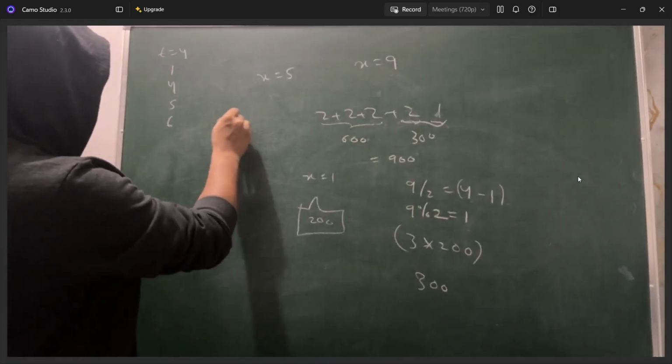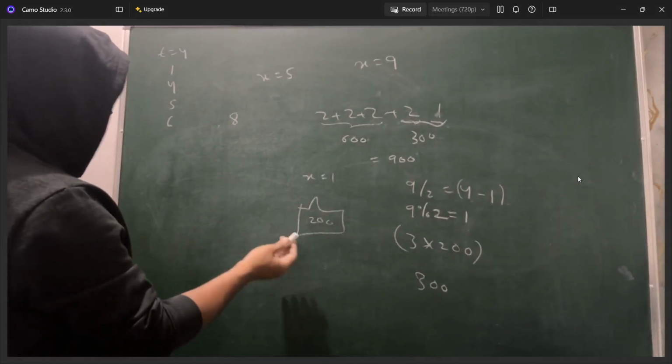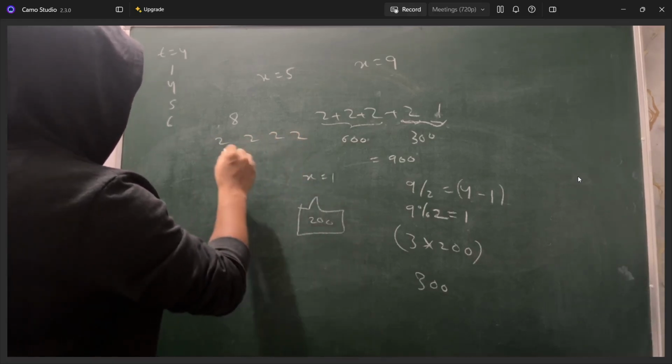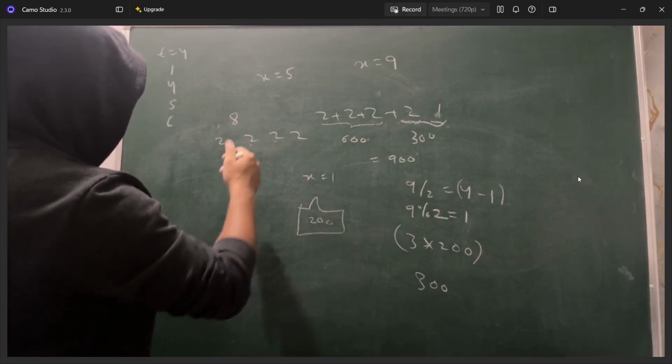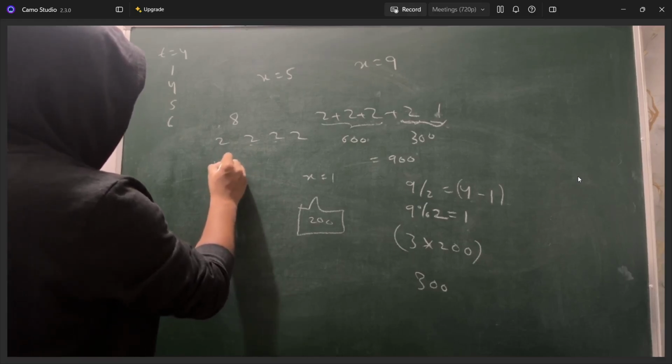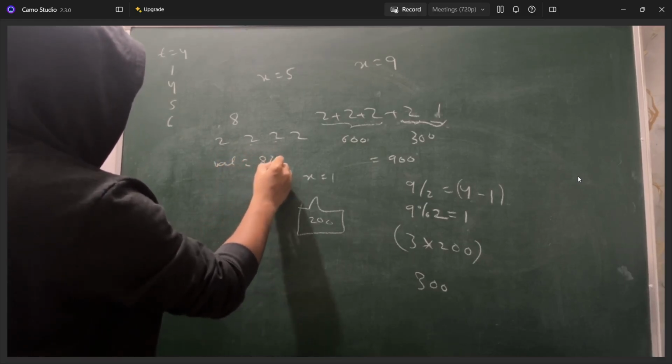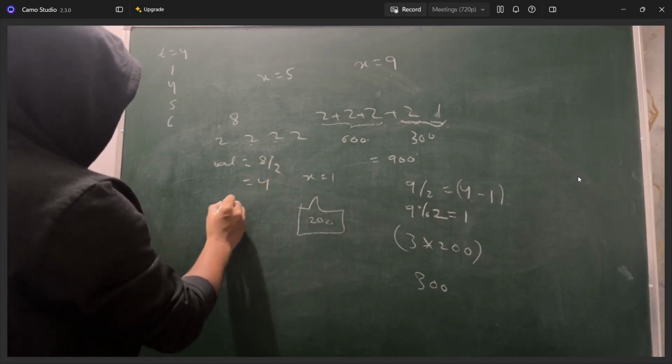What if you have 8 people? In that case you just need to buy 4 cars and place two people in each, and this value I'm taking in the code will be 8 by 2, which is 4. So your answer will be 4 into 200.